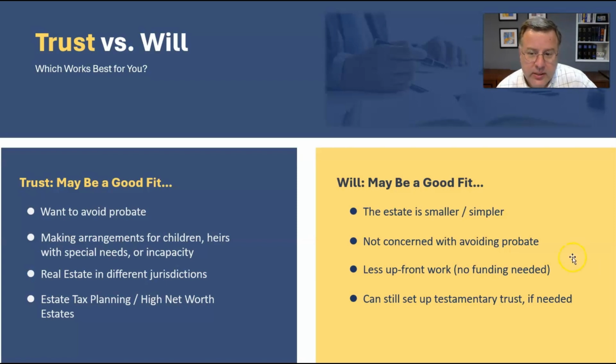The other thing that trusts are good for is making arrangements for children, heirs with special needs, or, again, incapacity. Keep in mind that children can't own property outright if they're under 18. So in that case, we may need to set up a trust.